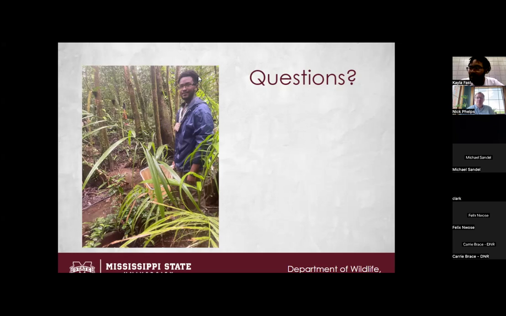I feel like it might have biased the sampling just based on some of the habitats where the fish were collected. I feel like some fish may have been in deeper water, and we may not have been able to get as even a sampling of the rivers as we could have.